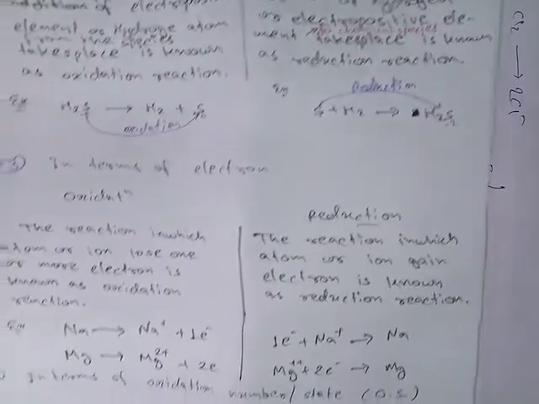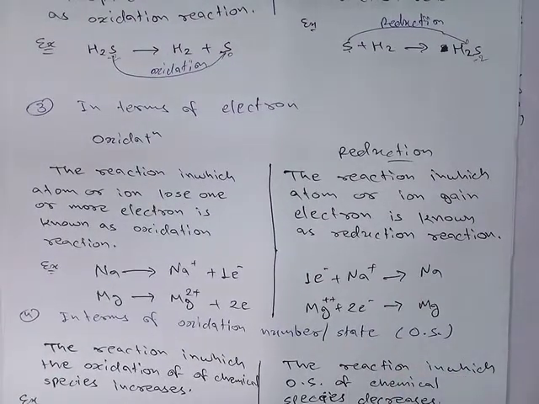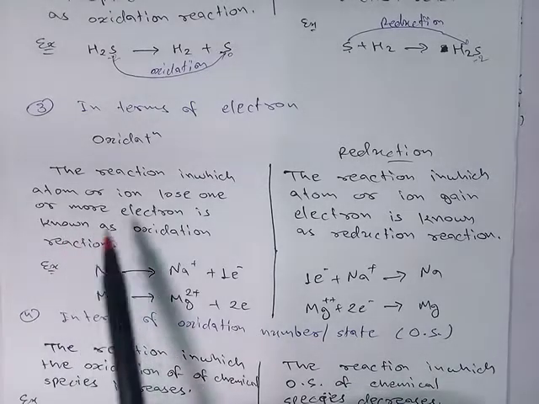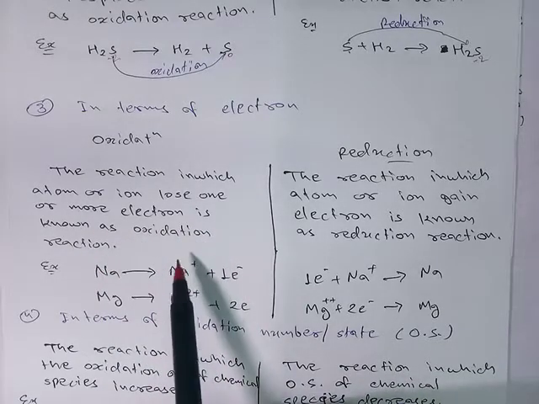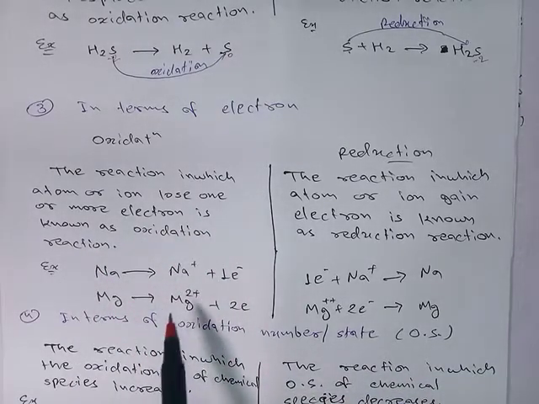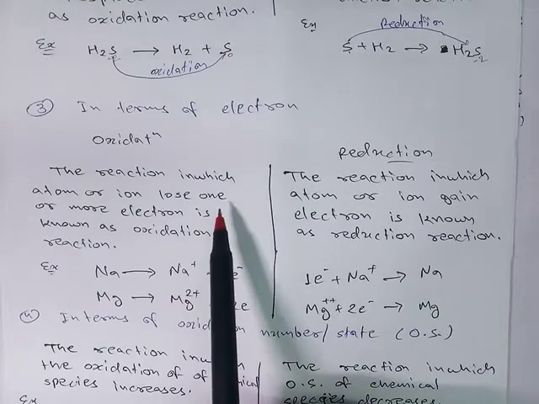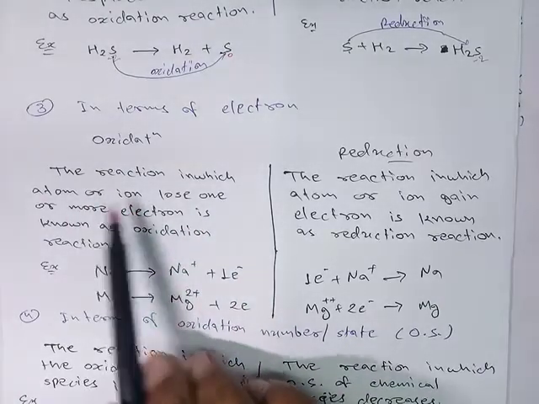And the third term is electron, meaning the definition of oxidation and reduction reaction in terms of electrons. Oxidation is the reaction in which an atom or ion loses one or more electrons. So electrons are lost by an atom or ion.